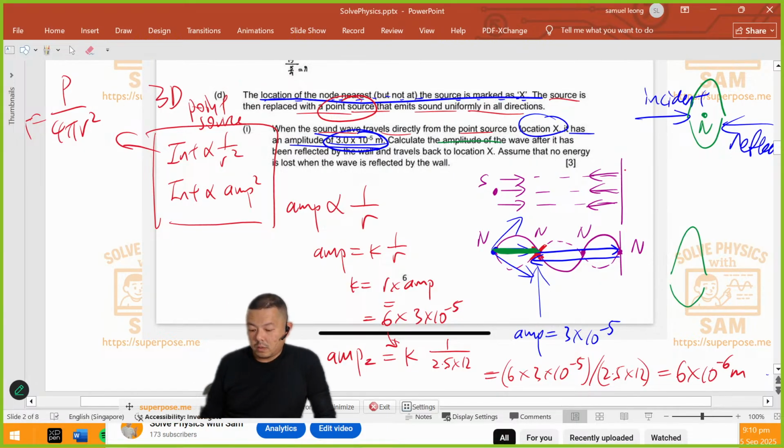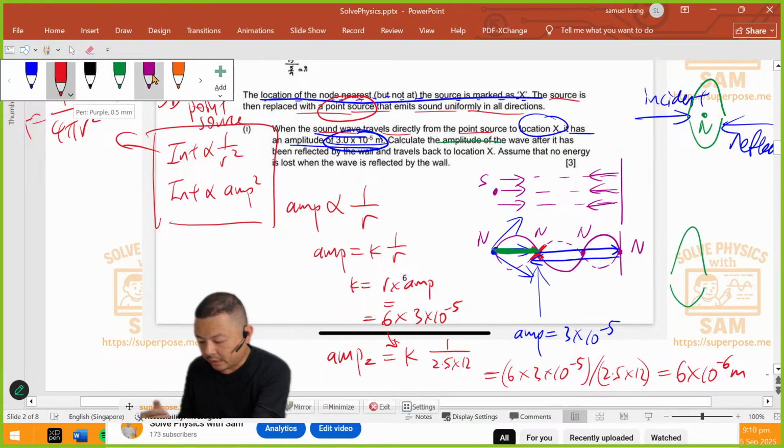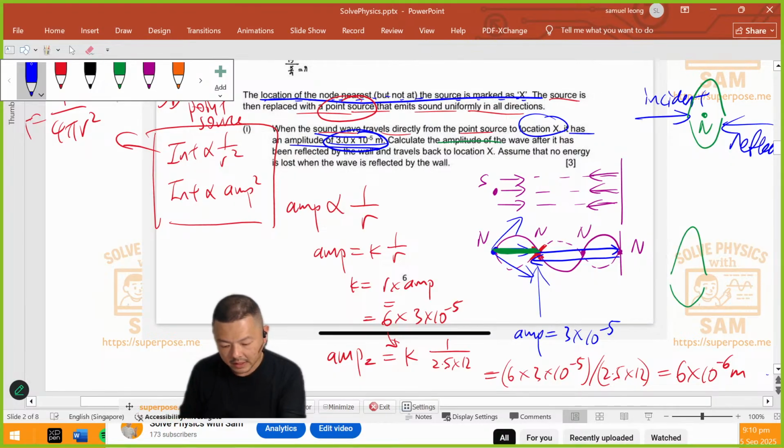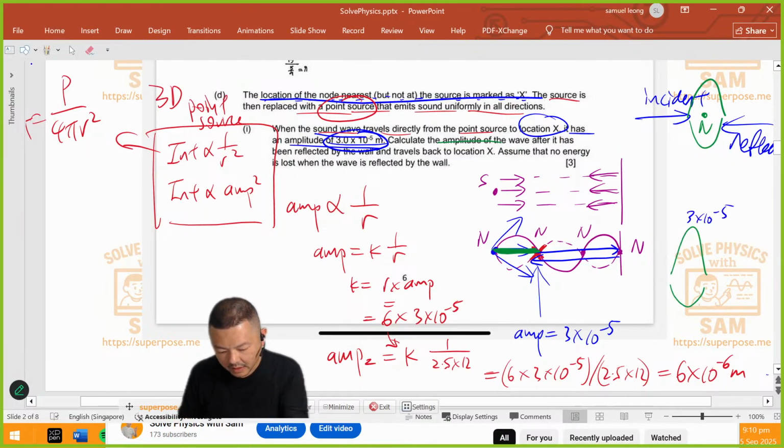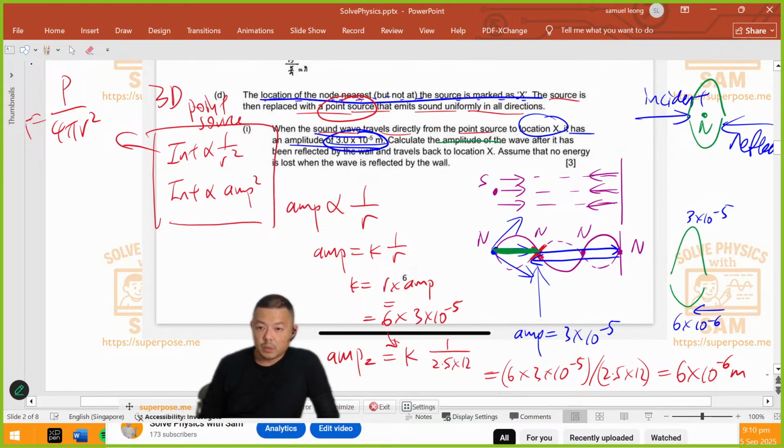So basically, right next to the source, the amplitude is 3 times 10 to the power minus 5. And then when the wave is reflected, it's 6 times 10 to the power minus 6. And I think the question now would be part two: why is it not a complete no displacement?